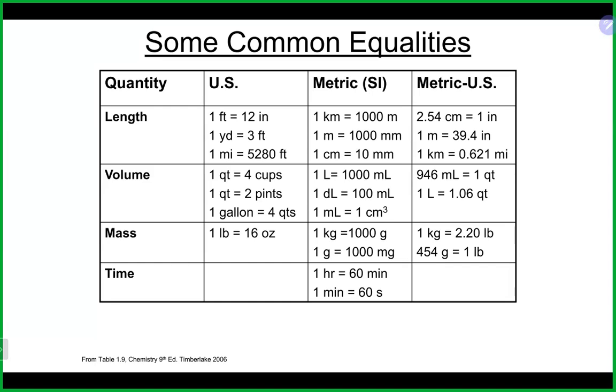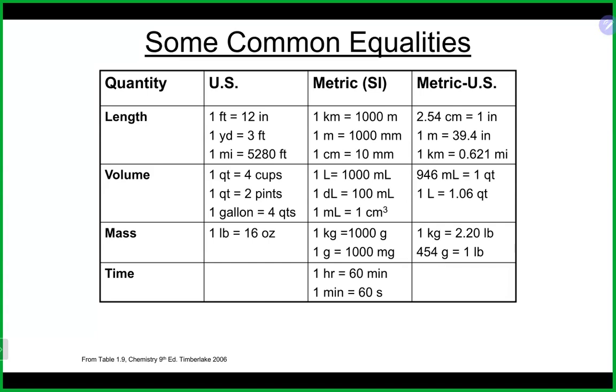You could consider that an exact number. So anything in the first column, for example, those are all English to English conversions. They're considered exact numbers. You don't have to worry about those in your calculations. Also, if you're doing some type of metric conversion, like the middle column there, those are considered exact numbers, so you don't have to worry about them as you're doing calculations.